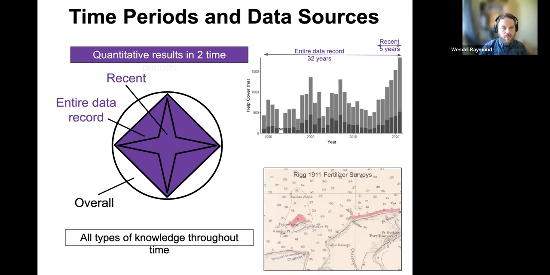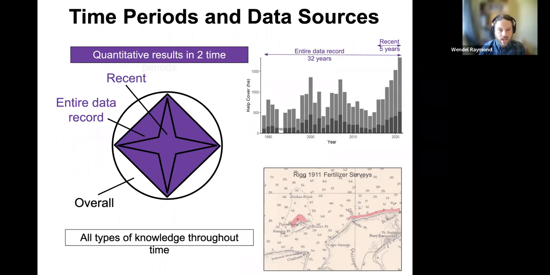Looking at the graph in the upper right-hand corner, in the last 5 years, we've measured big increases in canopy area, which may be related to recovery from the marine heat wave in 2014, 2015. However, the entire data record going back 32 years shows really high variability and perhaps a slight increase over time.